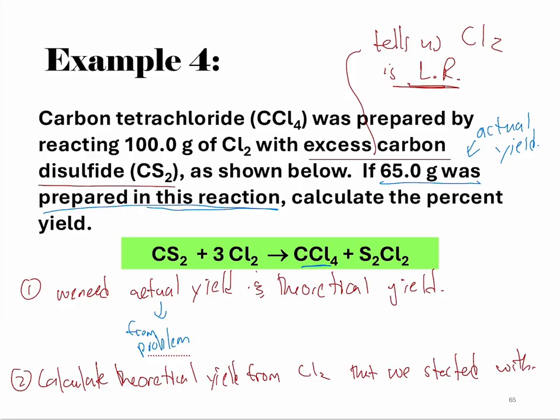All right, and so what is the general path that we do? We're starting from grams of Cl2. What do we have to go to first? Moles, right? We always have to convert to moles first because that lets us go between whole numbers of things. So we go to moles of what?